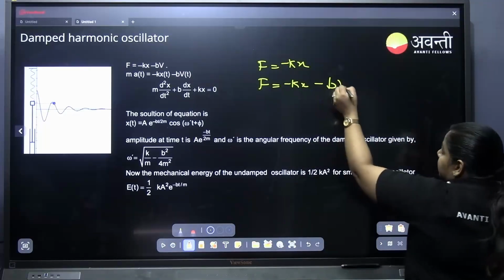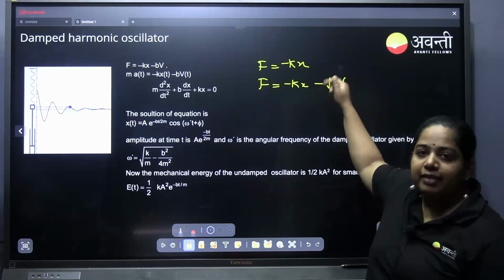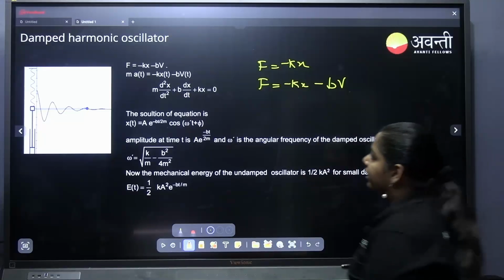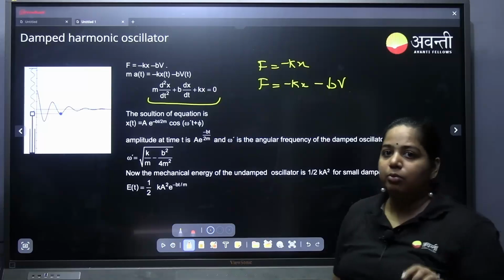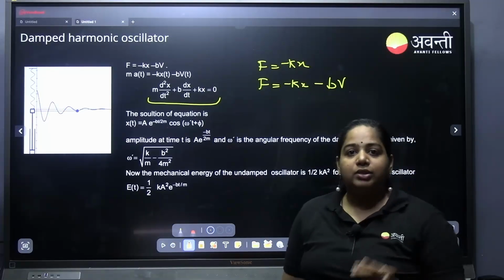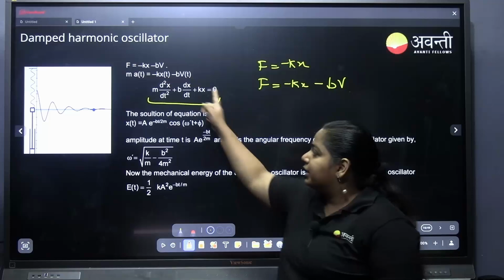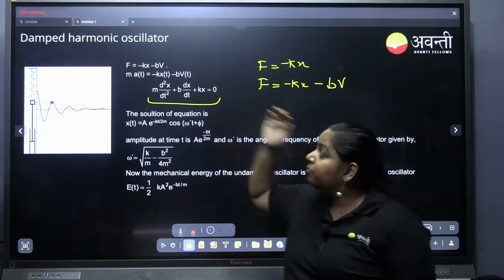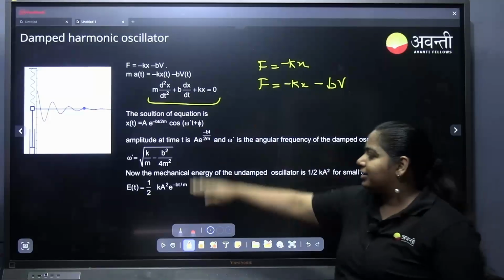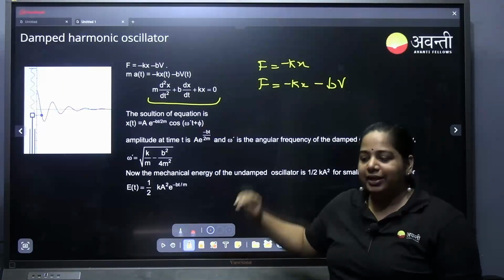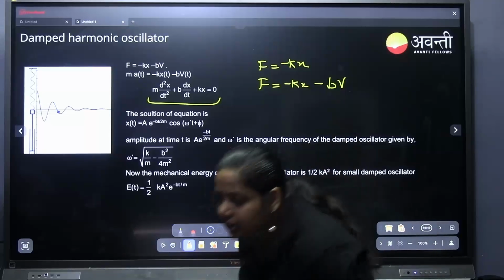So minus bv. The velocity term is added and you get the equation like this for the damped harmonic oscillator. It is not simple harmonic oscillation, it is damped oscillation. All the other things are not required, but I just added them in the last slide.